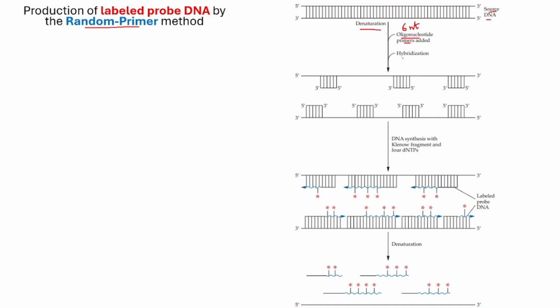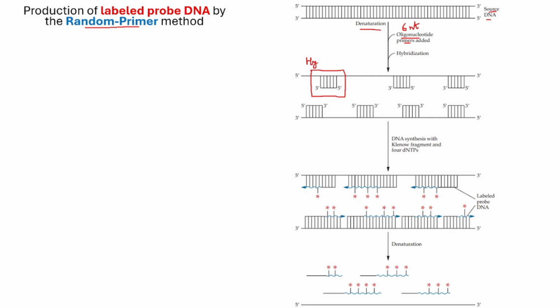Now it is a statistical certainty that some of the molecules of this oligonucleotide mixture will hybridize to the denatured DNA. As you can see, these are the places where the hybridization has taken place.